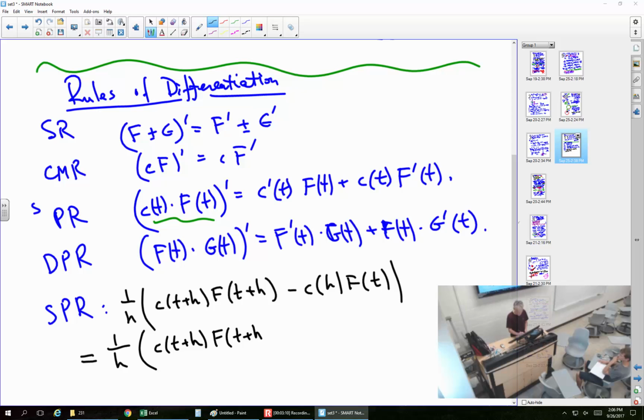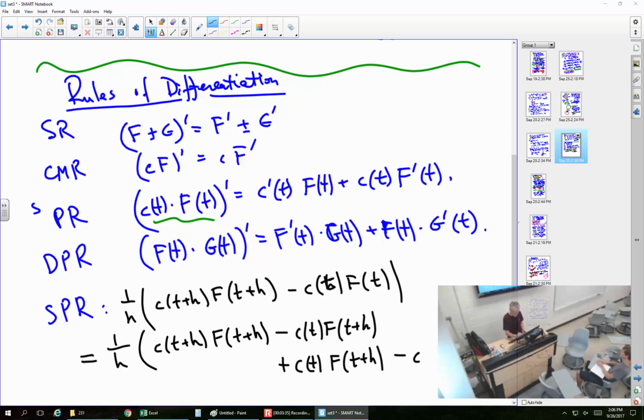Okay, so what do I want to subtract here? I want to differentiate the first one. So I have c of t plus h f of t plus h, that is, I'm adding it, and then I'm subtracting this and adding that. So I'll have c of t f of t plus h. Okay, and then I still have the 4th term remaining.